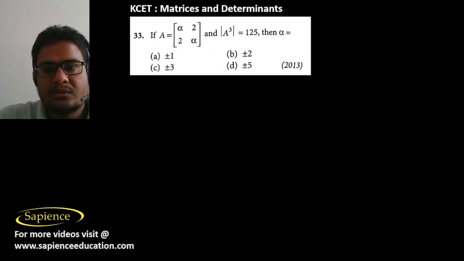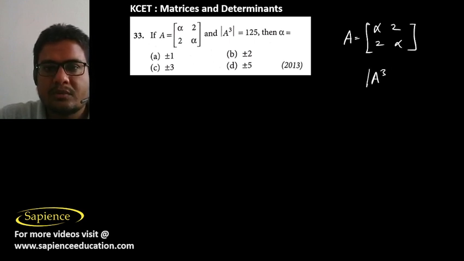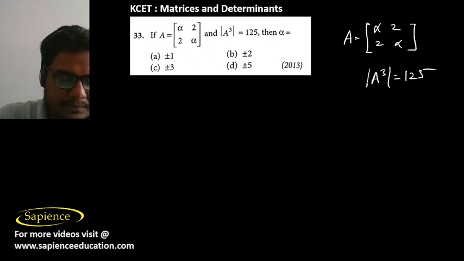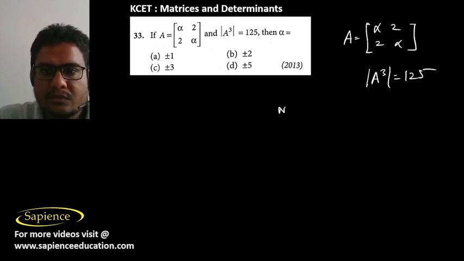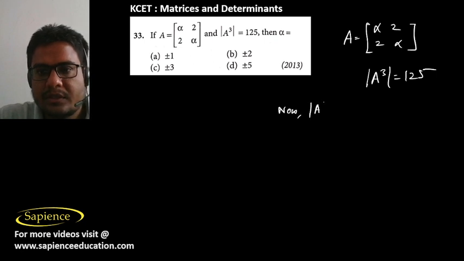So here it is told that if the matrix A is alpha 2 alpha, and the determinant of A cube is equal to 125, then alpha equal to how much? So now the determinant of A cube is the determinant of A whole cube, that is equal to 125.